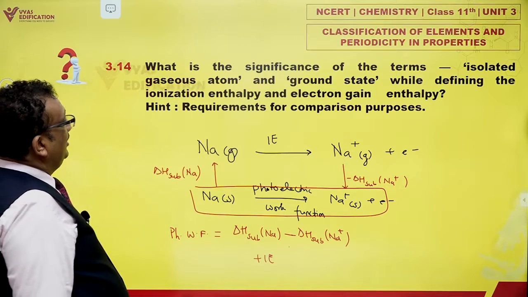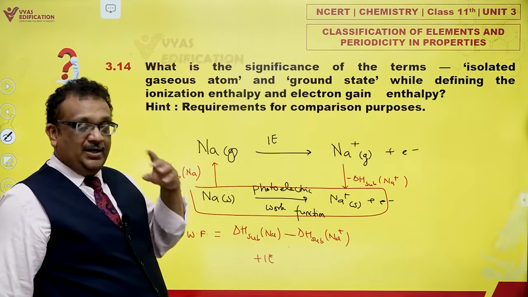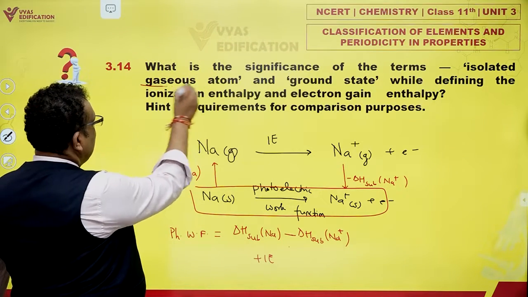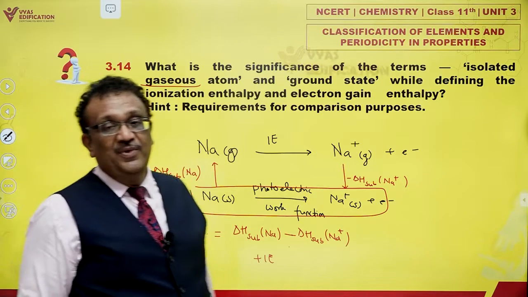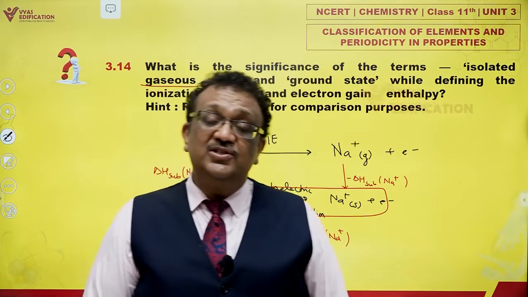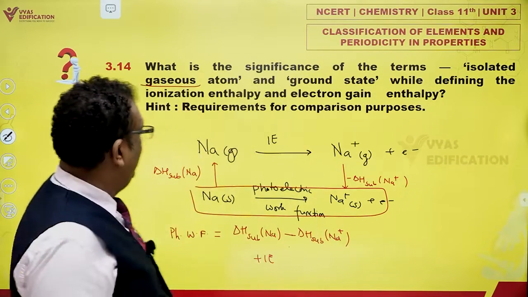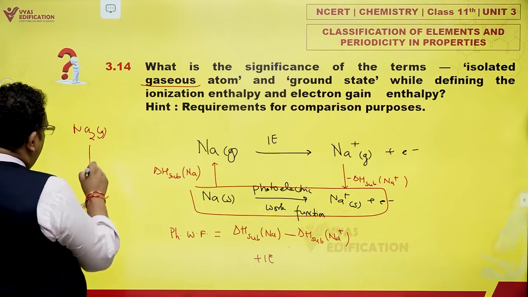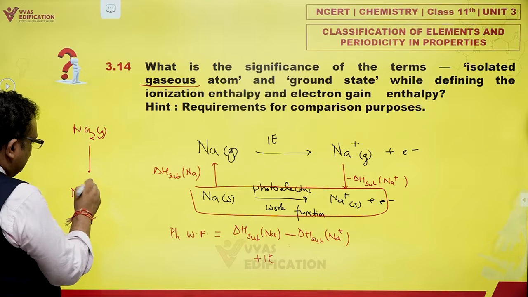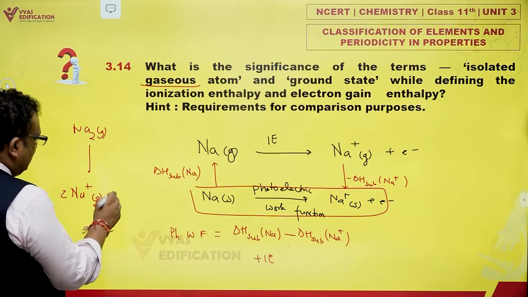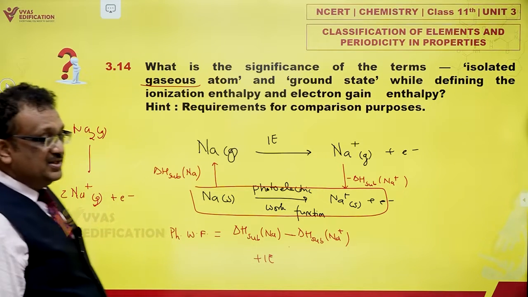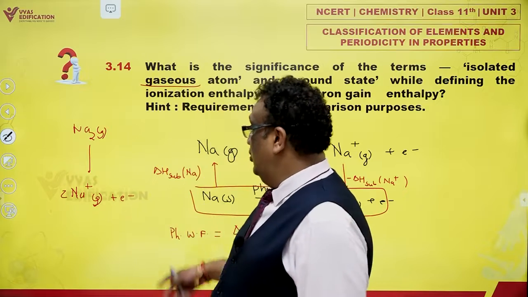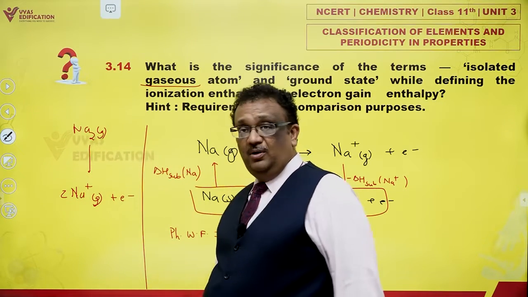So when they say isolated gaseous atom, is the word gaseous necessary? Very necessary. Why isolated? If it is not isolated, say for example, if I have Na2 gas giving me Na plus gas plus electron, now in this case, during ionization, I am also supposed to break the Na-Na bond.